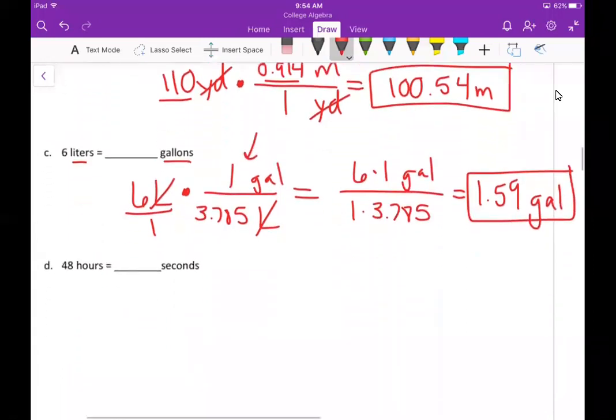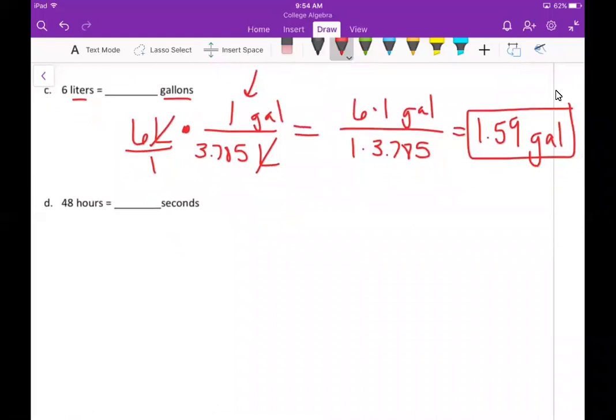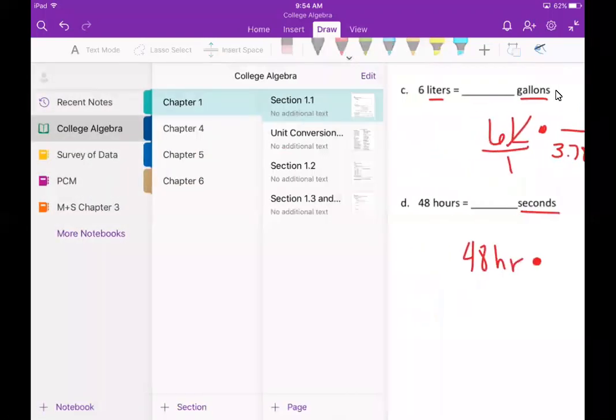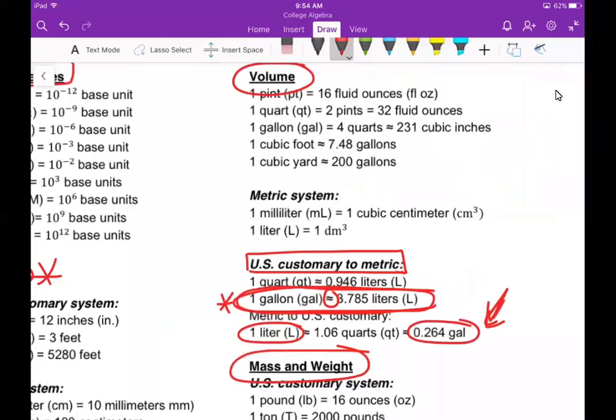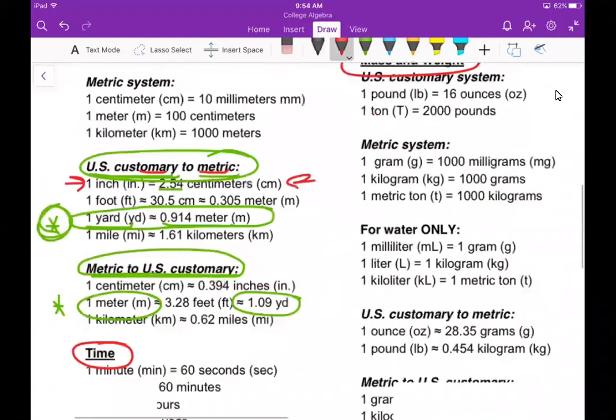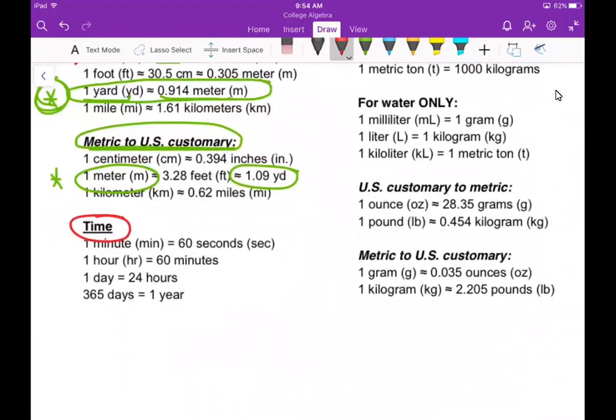Okay. Now this very last one is a good example of when you don't have a direct conversion factor on hand. So here I'm starting with 48 hours and I want to get to seconds. But the problem is if I go to my conversion sheet and I go down this time to look at time, I cannot get directly from hours into seconds.